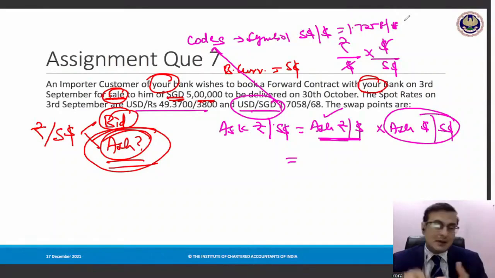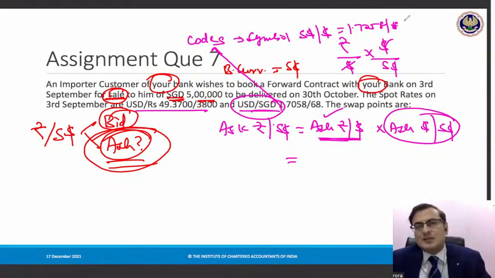I told you the examiner might give you a code or a symbol. You remember I made a smiley as well on that second or third page, because I know that a lot of students will be making mistakes. You have to be very careful in these. Right, Harshad? Absolutely.